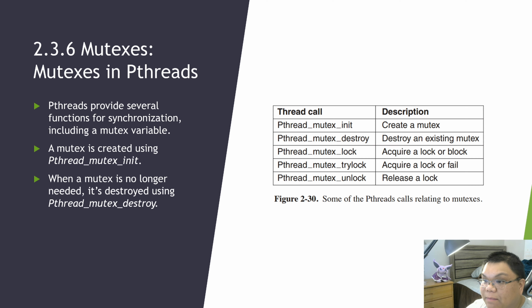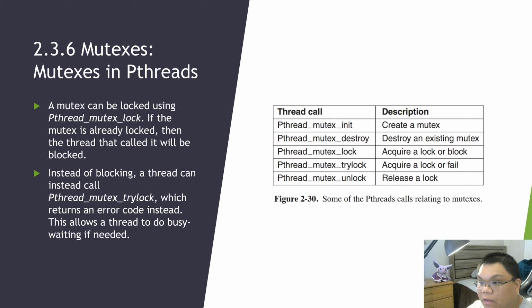So, mutexes in pthreads, there are a few functions related to that. If you are to make a mutex in pthreads, you use pthread mutex init. If you don't need it anymore, you use pthread mutex destroy. A mutex is basically a lock.